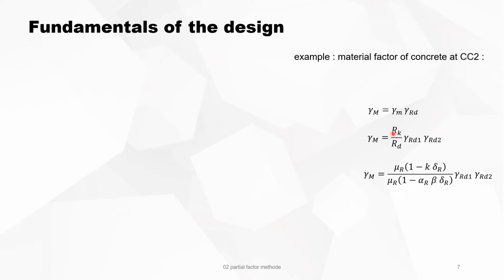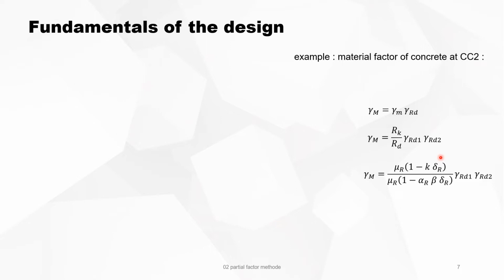The characteristic value is always the mean minus K times the standard deviation, but the standard deviation can be expressed as a percentage of the mean, and the K value is chosen for the kind of limit that you take into consideration.